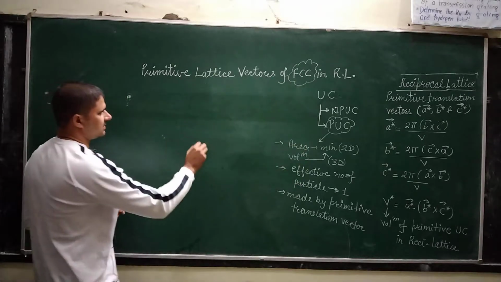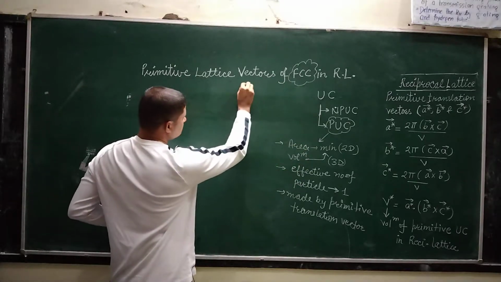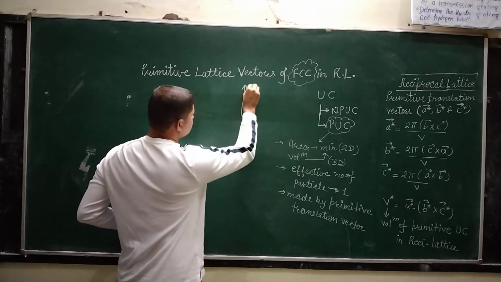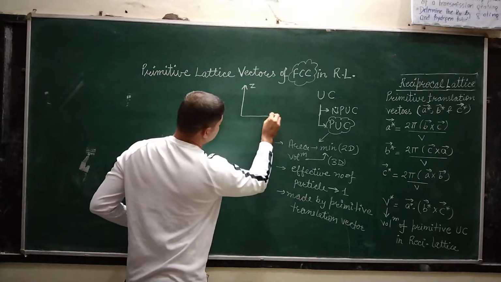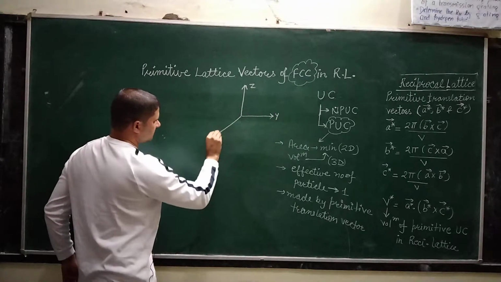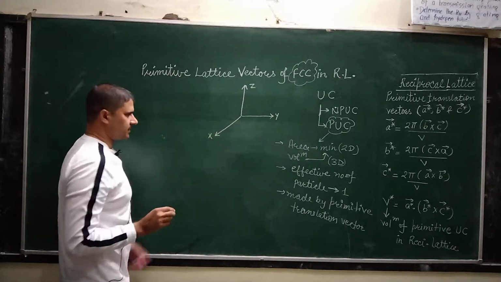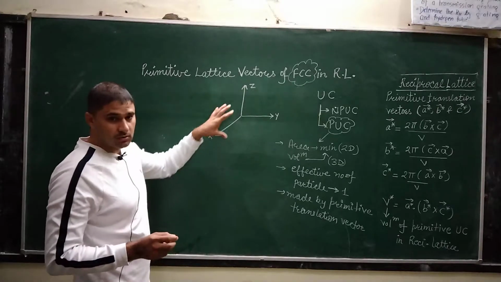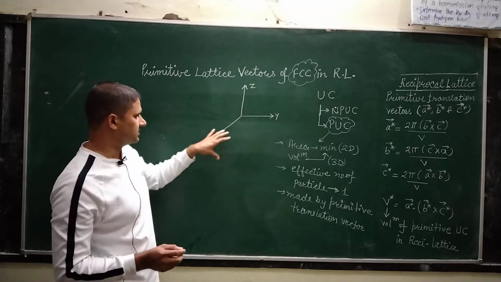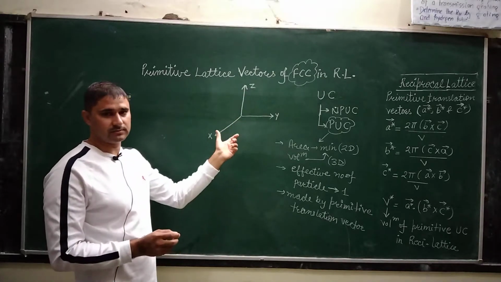So firstly see what is FCC. Here we have Z direction and this is Y direction and this is X direction, and all this is in direct lattice, and this is a right-handed coordinate system.